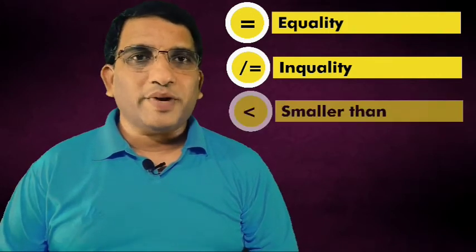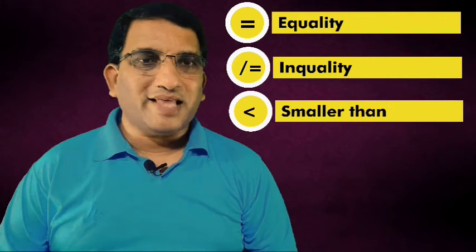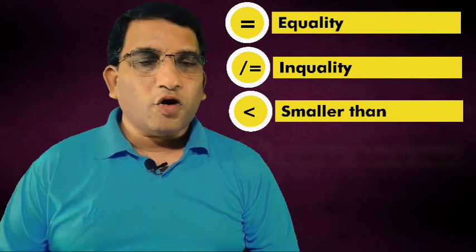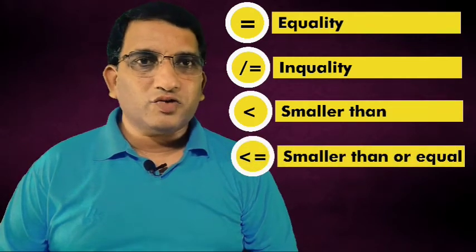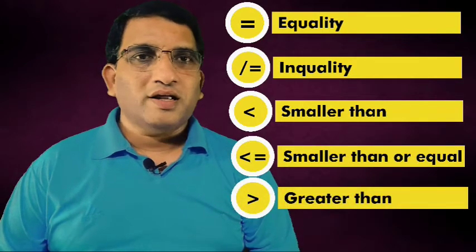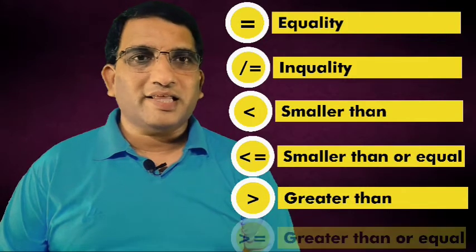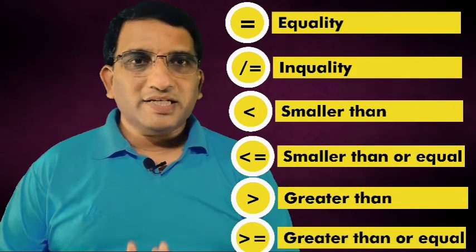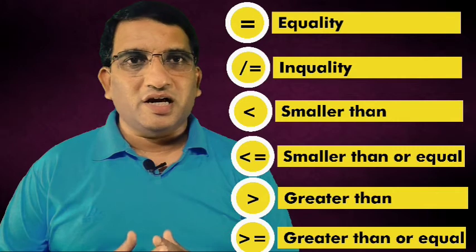The third operator is nothing but less than. Fourth operator is less than or equal to. Fifth operator is greater than, and the last operator is greater than or equal to. So these are the six relational operators.